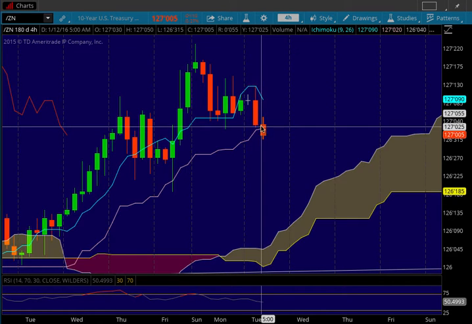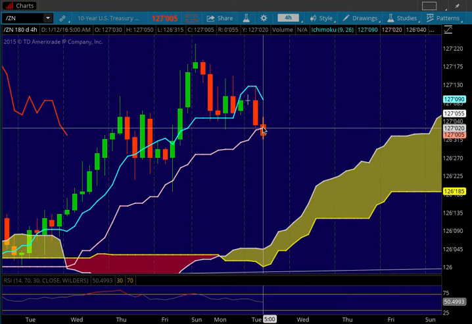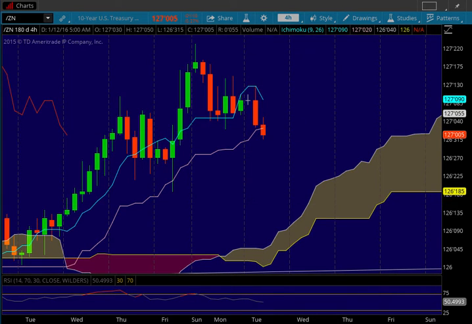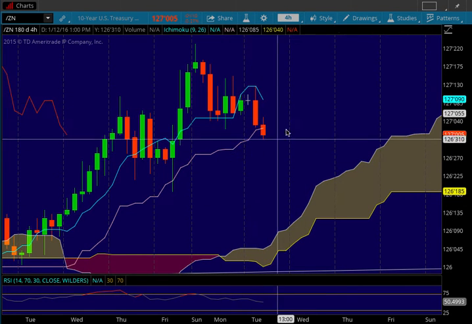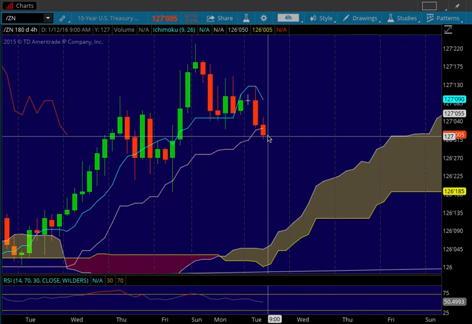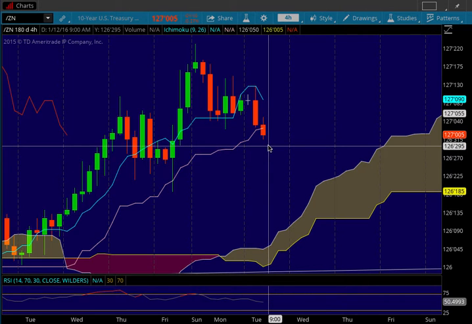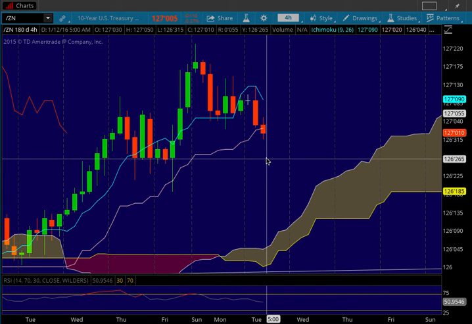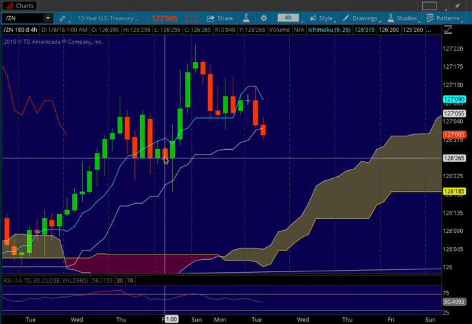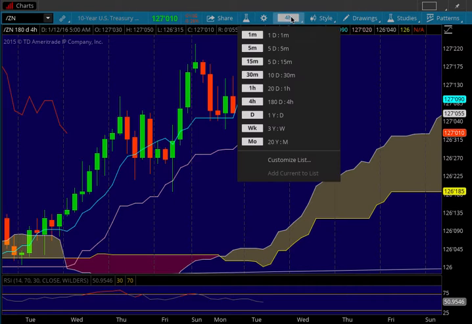If we put in a close over the Kijun-sen, then we'll know that the Kijun-sen is holding as support, and so it's pretty clear risk reward on that trade, I believe. So what's going to happen next according to this chart? If we do continue lower, we will probably come down to this area of prior support here, 126.265, which should be evident on some shorter time frame. So let's take a peek. Let's go to the hourly.